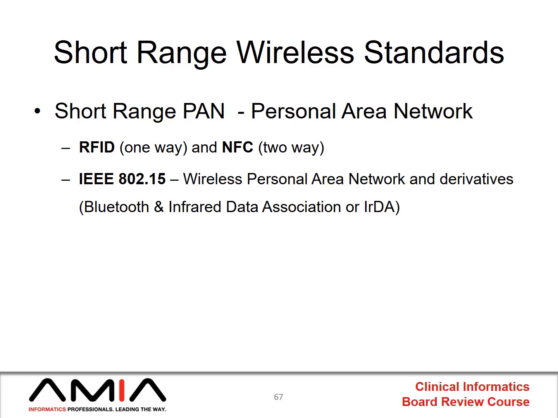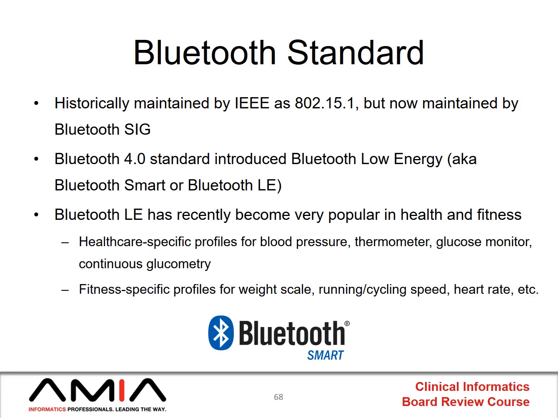I don't think I've ever seen anything that uses IrDA. The Bluetooth standard itself has an interesting evolution. It's 802.15.1. It was the original IEEE standard for Bluetooth, and more recently it's maintained by the Bluetooth Special Interest Group.